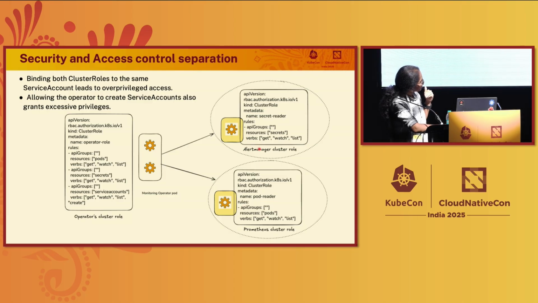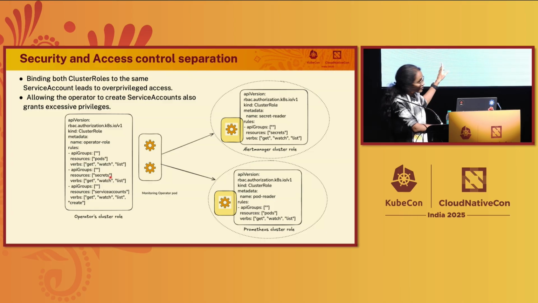Now, if both of them are getting deployed from the same monitoring operator pod, your operator's cluster role, which is trying to create them, in itself needs to have the permission to watch the pods, watch the secrets, etc. It's more like if I'm in a cloud account and I want to give certain privileges to my colleague, it's necessary that I myself have those privileges. Your operator works just like that.